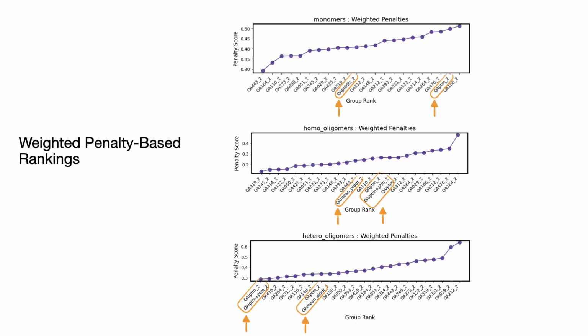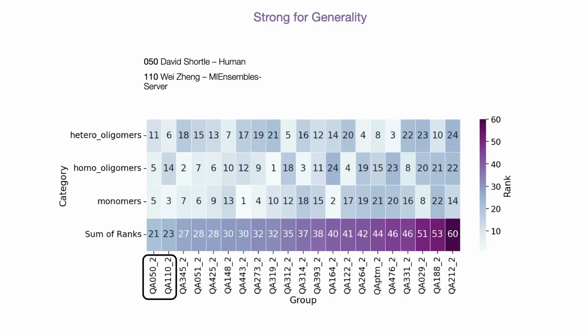So here we see that no one is really doing better than just looking at an ipTM-based metric from AlphaFold 2. And then the other interesting thing you'll notice is that there's not that much overlap between the top groups in the 3 different categories. And we noticed that there wasn't a huge jump between the top 5 groups and the ones that closely follow, so we decided to just compute these final rankings.